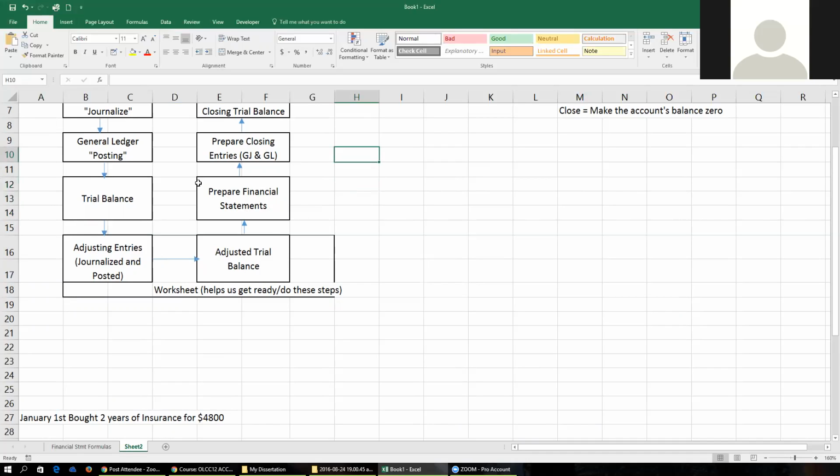So this stuff, prepare the financial statements, the adjusted trial balance, and the adjusting entries are all things that you're going to encounter in Chapter 3. Sorry, no way to highlight those. Maybe we can do this. Let's just kind of paint these guys different colors. So that's Chapter 3, doing those steps.